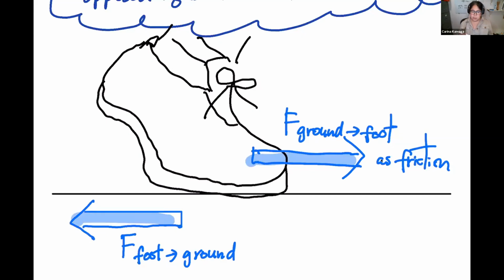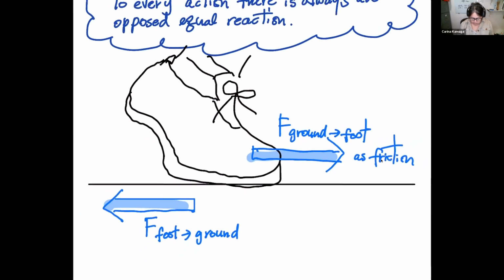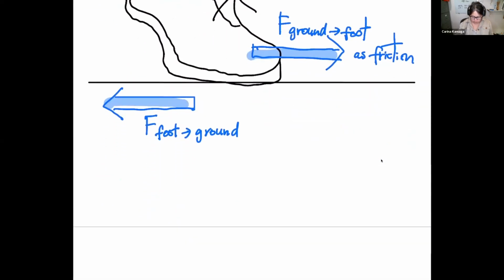The action force in this case is you pushing the ground backward, and the reaction force is the friction force, the ground pushing you forward. So you could never ever have a force by itself. You use this action-reaction law without thinking, and that force always comes in equal magnitude and opposite direction.